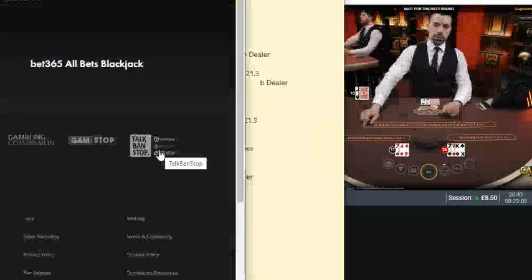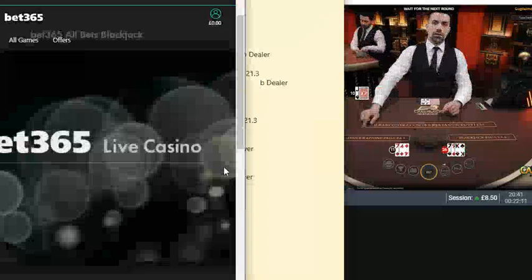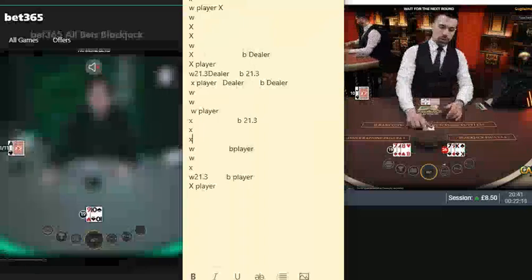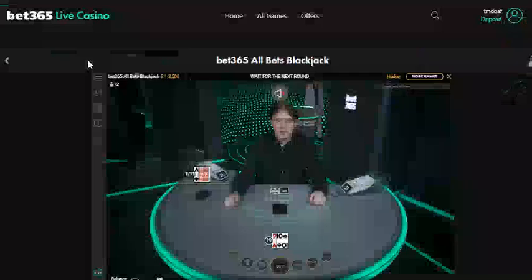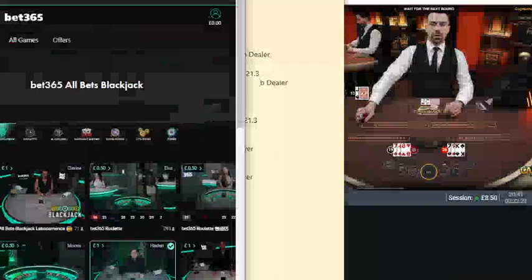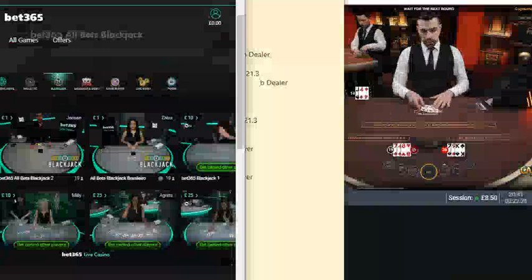Oh, here we go. I gotta do this nonsense because I'm not putting any money on that one, so it drops me out. I don't know if it's an X yet. Sorry, hang on. So, where is it? Blackjack.